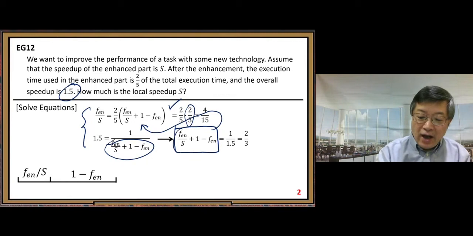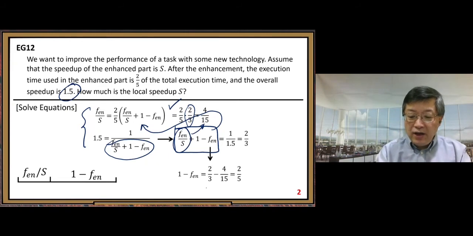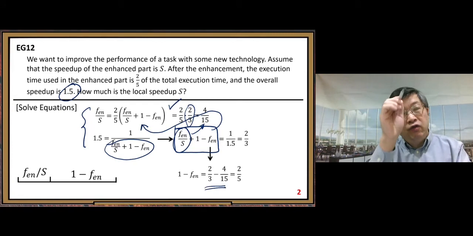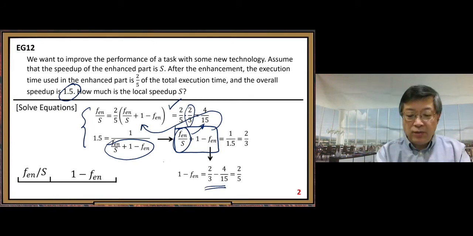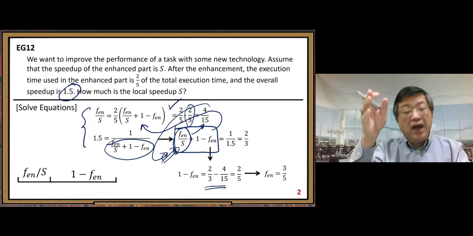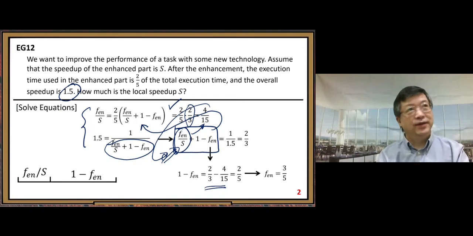So you can find Fen equals 2/3 minus 4/15, replacing it by that 4/15. That's easy. Then you find Fen equals 3/5.